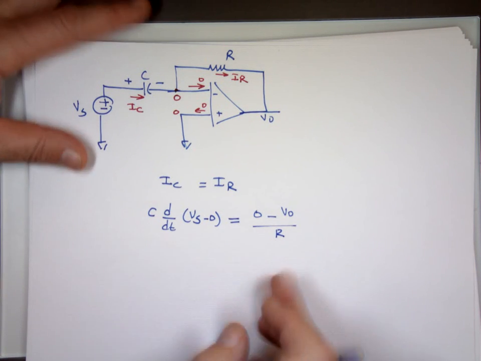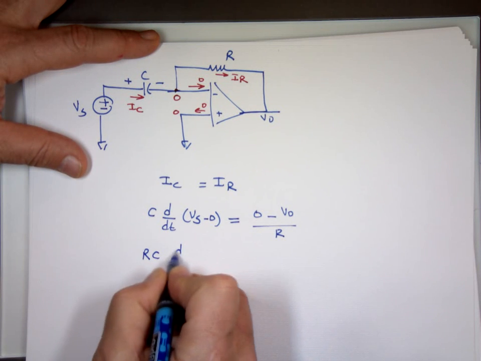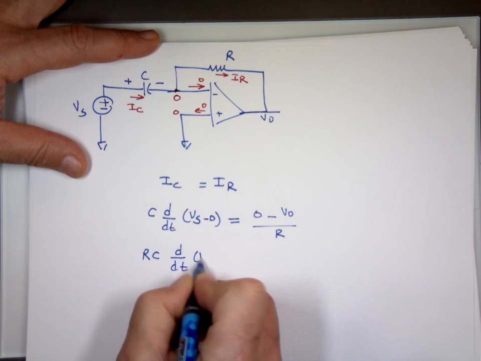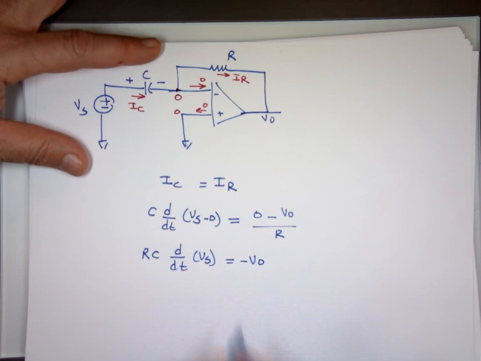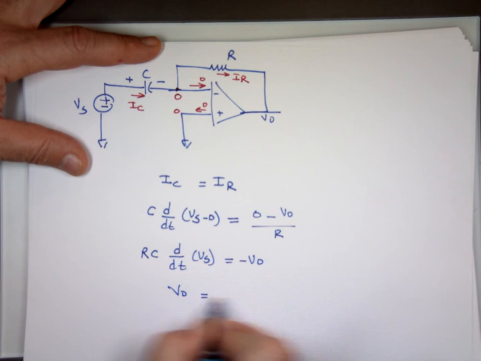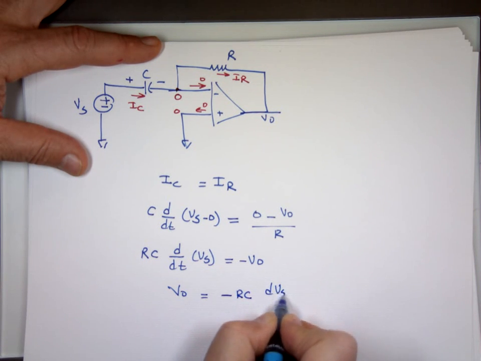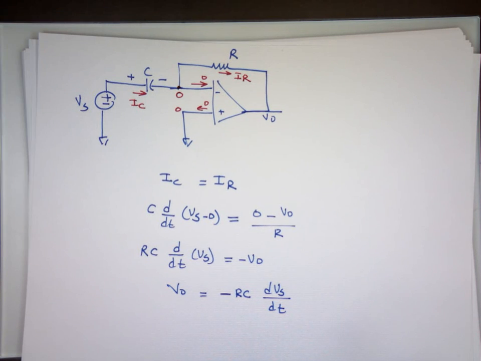if you multiply both sides by R, what is V out equal to? Negative R times C, the derivative. So this will differentiate.